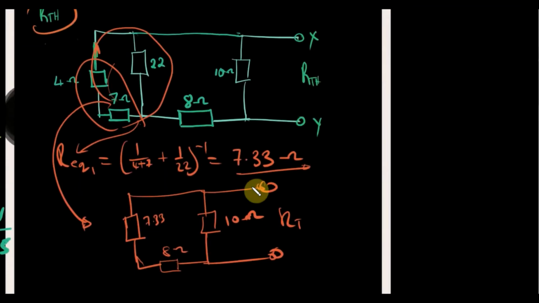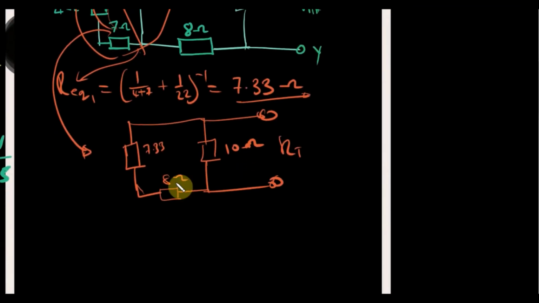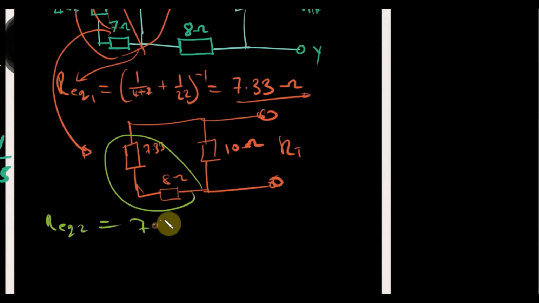Okay. From here, you can right away see that these two are in series. So R equivalent 2 equals 7.33 plus 8 ohms. And together, they are parallel to the 10 ohm resistor.